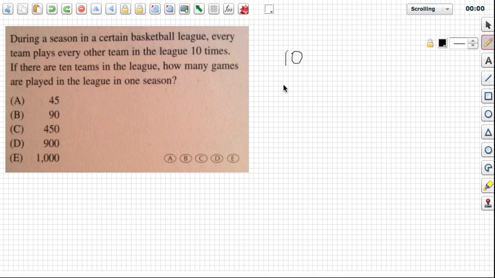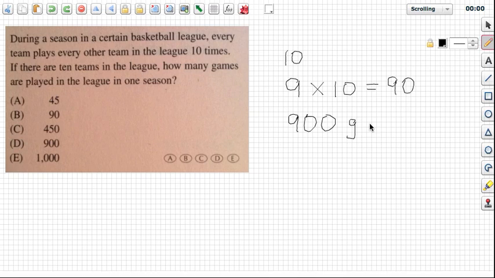So each team can play the other only 9 times. And they played 10 times. So 9 times 10 would be 90 games. So each team plays 90 games. Since there are 10 different teams, then there would be 900 different games.